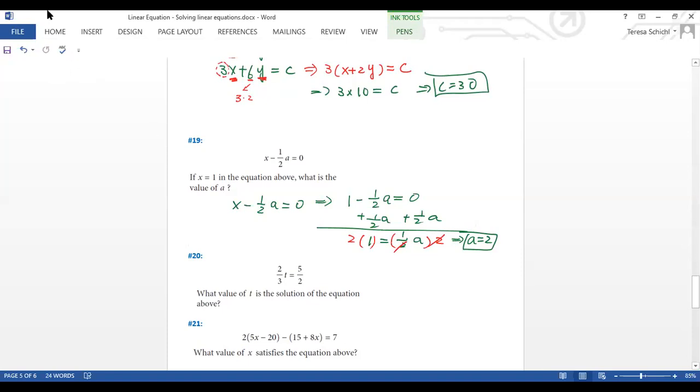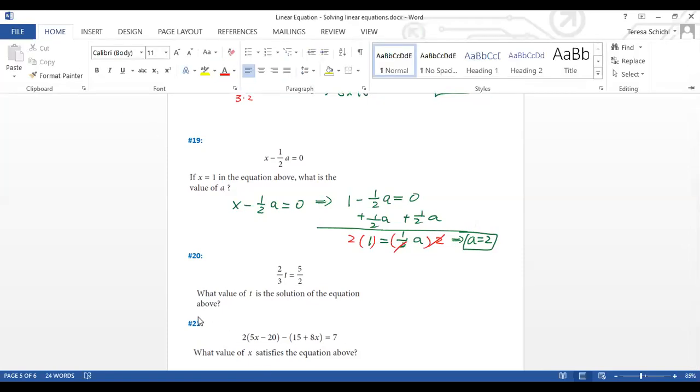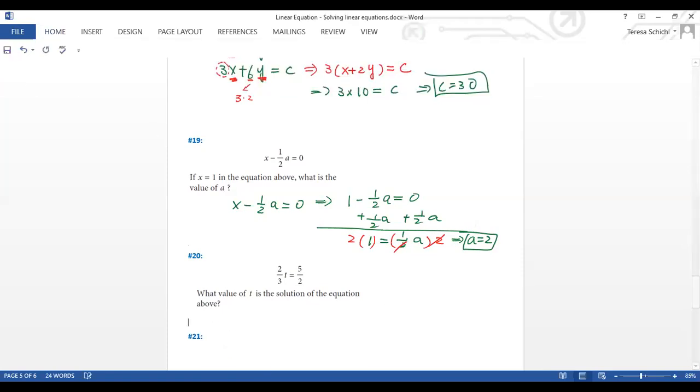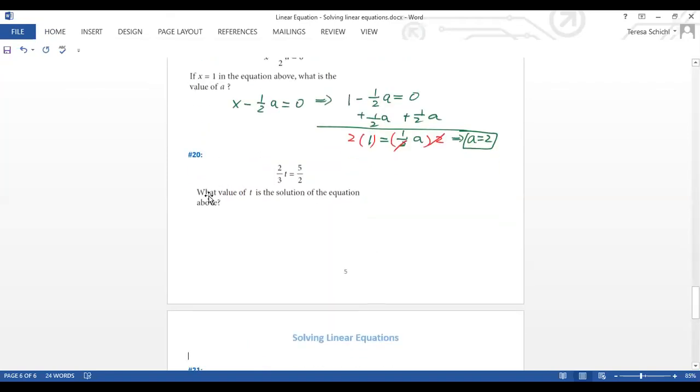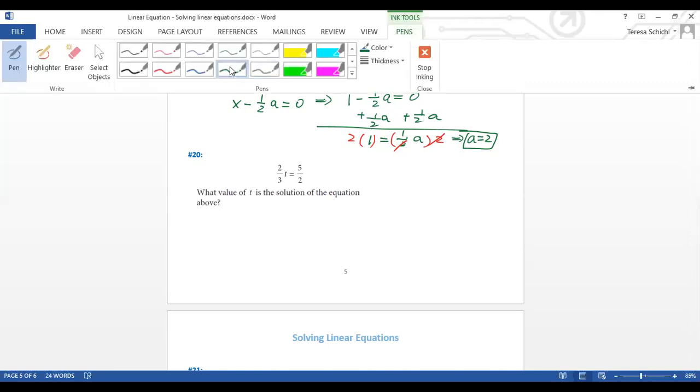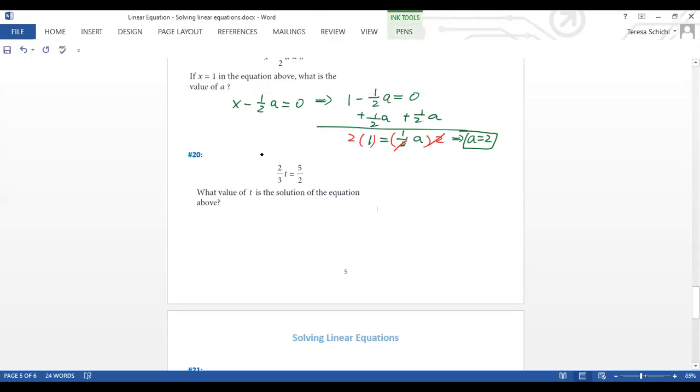Okay, so now let's take a look at number 20 here. You see here 2/3 t equals 5/2. So they want to find t.